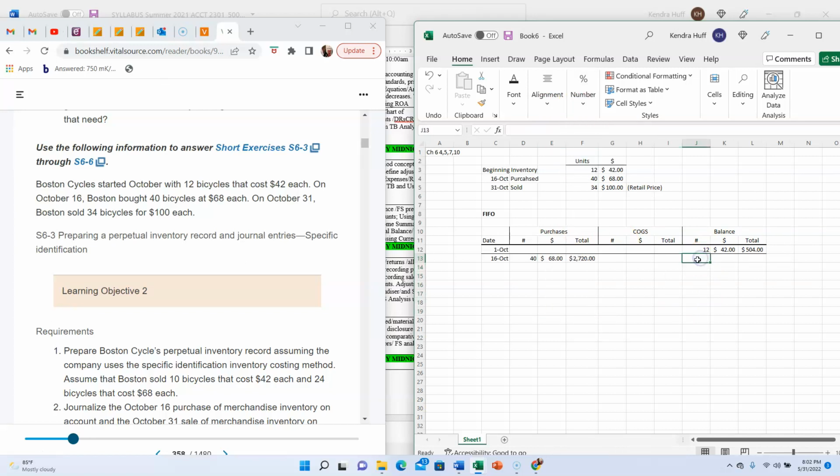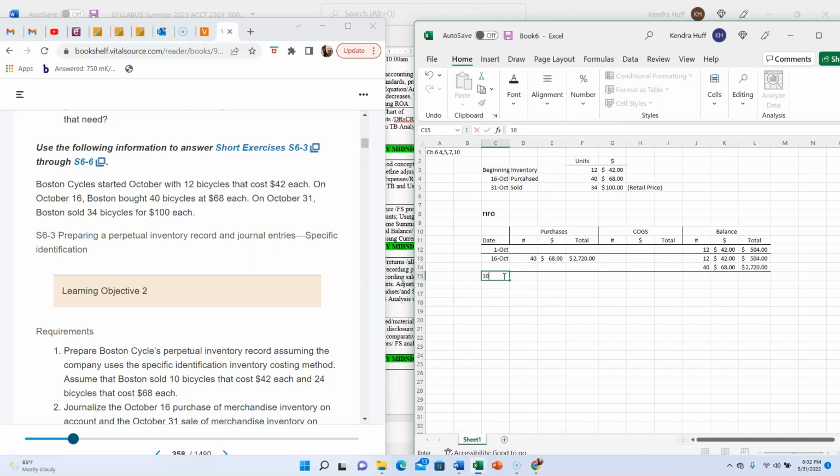All right, and then when you bring it over here to your inventory balance, you have to bring down the beginning inventory first, all right? So what you already had in there needs to come down. Then you put in the 40 at 68. All right, and then draw a line under all that.